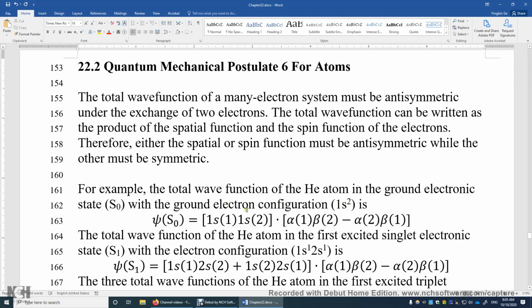The spatial function is symmetric. If you swap electrons 1 and 2, this spatial wave function remains unchanged. This spin function is antisymmetric. If you swap 1 and 2, you change the sign of the spin function.